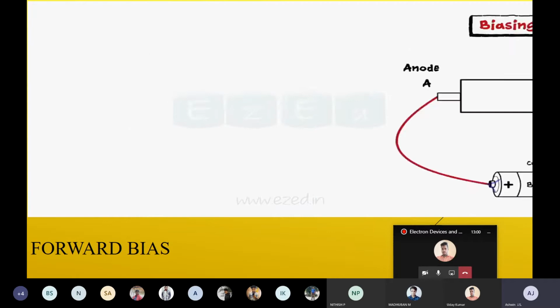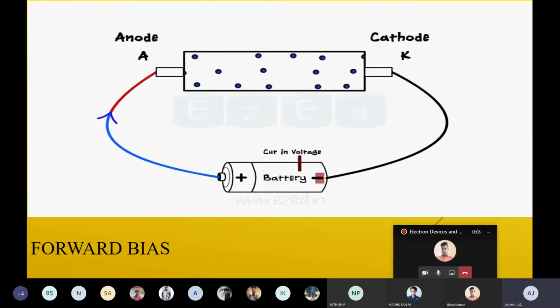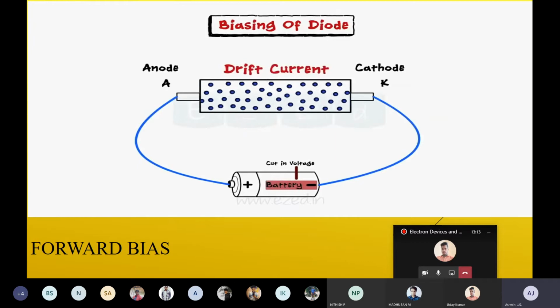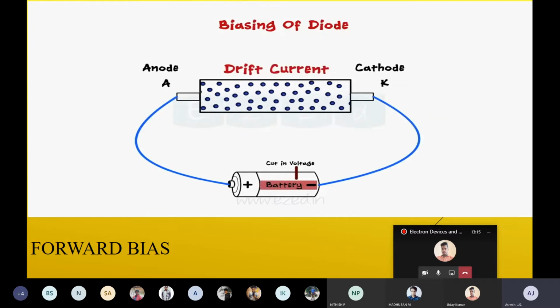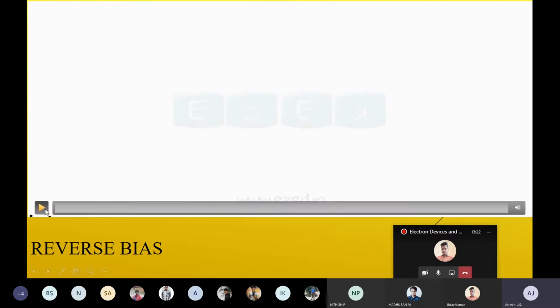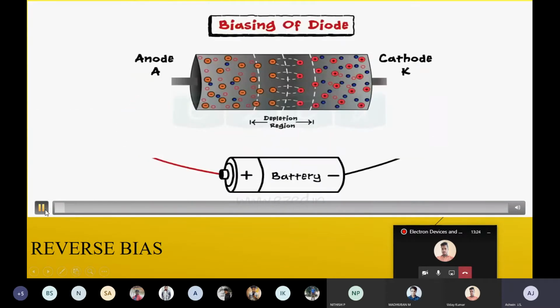A small depletion layer will be there, and after giving the forward bias it becomes zero, so the electrons start to flow due to high mobility. This current is called diffusion current. And if we go to the reverse bias condition, I will change the polarity.